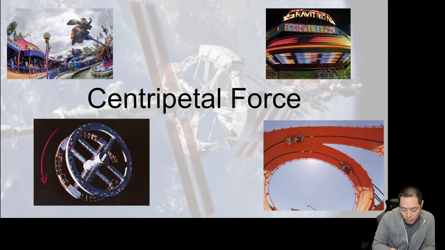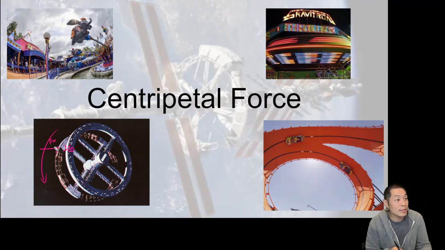Let's say you're a little person right here. What's going to keep you moving in that circle is, again, the normal force. They design it so that it's pushing on your feet. So if you have the right radius and the right spin, you're going to have artificial gravity based on centripetal force. We're going to spend the next few minutes talking about that, watching the movies and discussing it. Hopefully that makes sense.